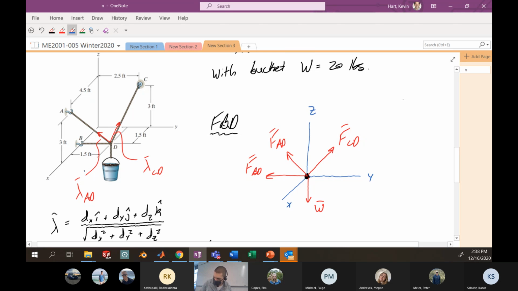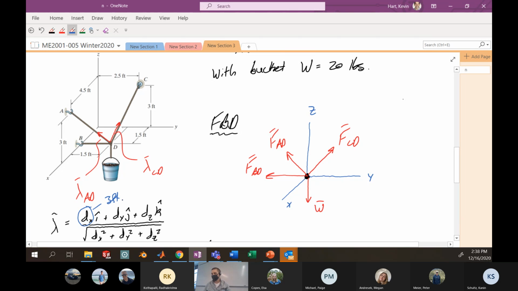For instance, for lambda AD, if I'm looking at the distance I need to travel in x, dx, to go from D to A, I'm starting at D and I want to end up at A. Point A is at 4.5 feet in the x direction, and point D is at 1.5 feet in the x direction. So to get from D to A, I had to move 3 feet in x. So the dx component for lambda AD would be 3 feet.